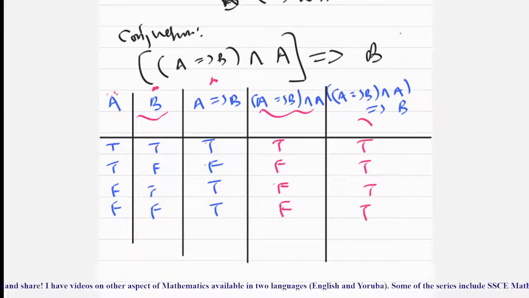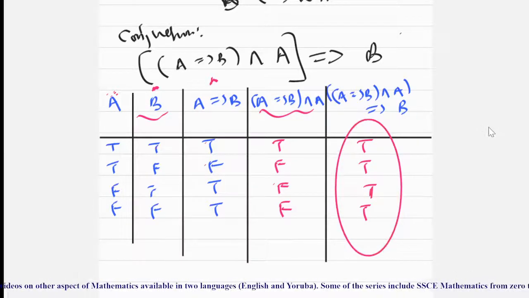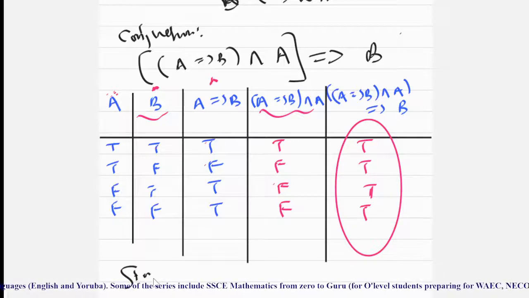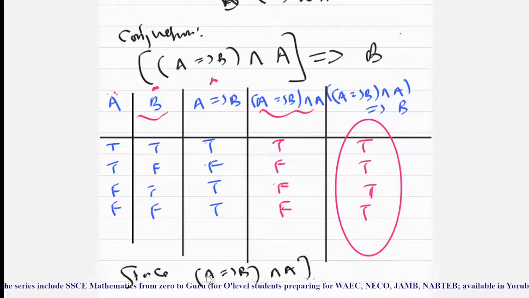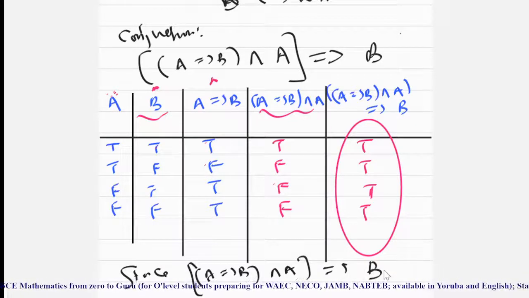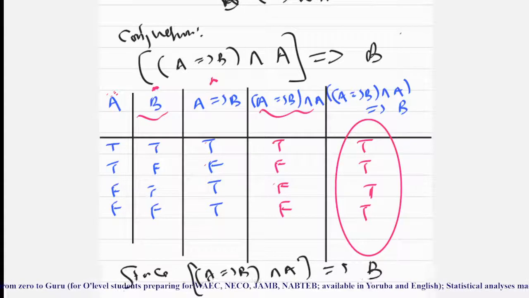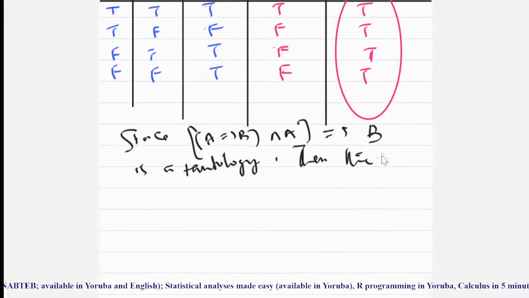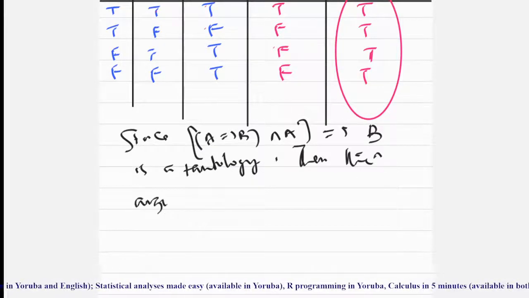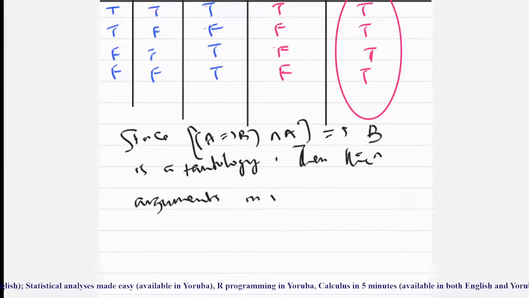What can you conclude? You will see that our symbolic argument now gives a tautology. So you now conclude by saying, can you see it is very simple? Since the statement A implies B and A implies B, which is our conclusion, is a tautology, then the argument is valid.